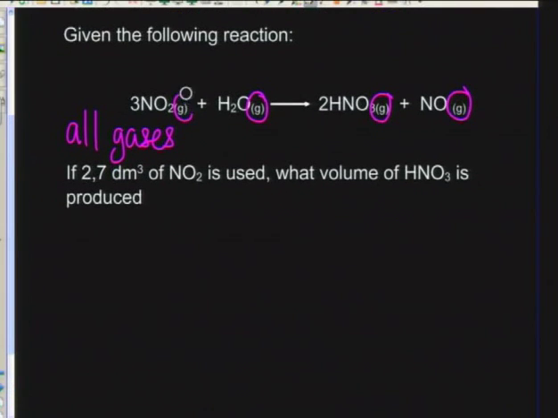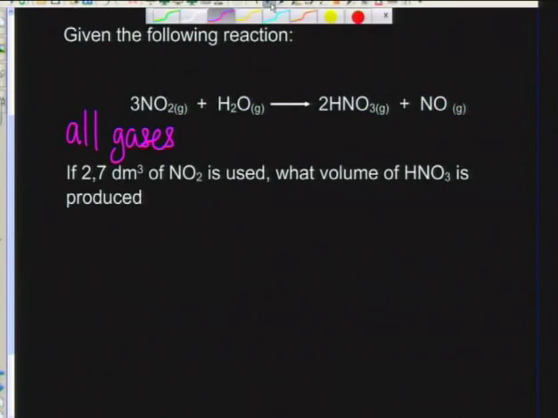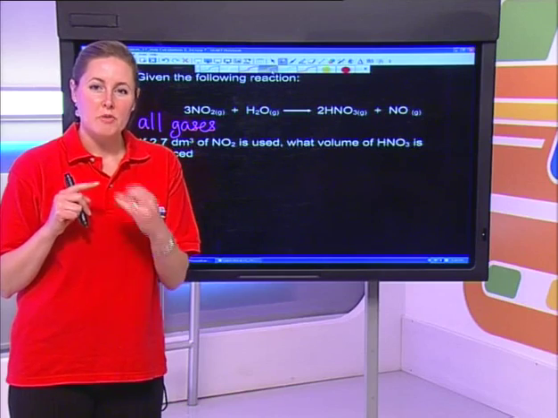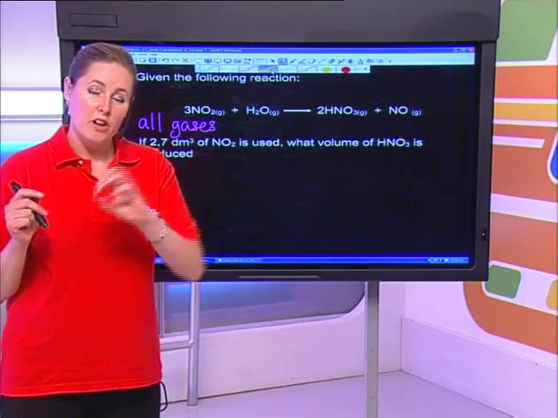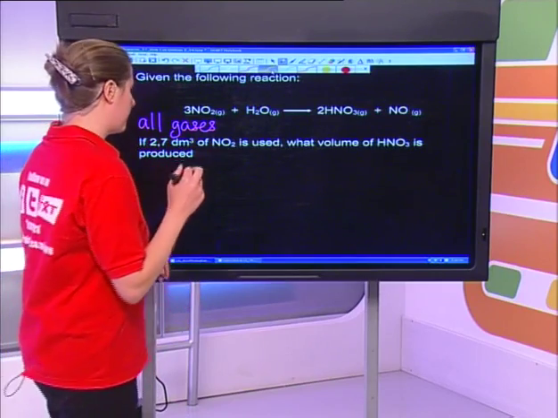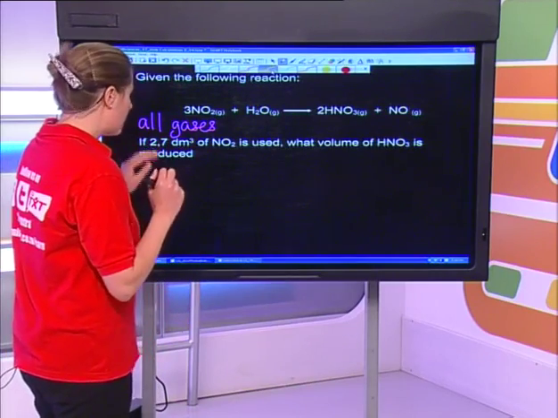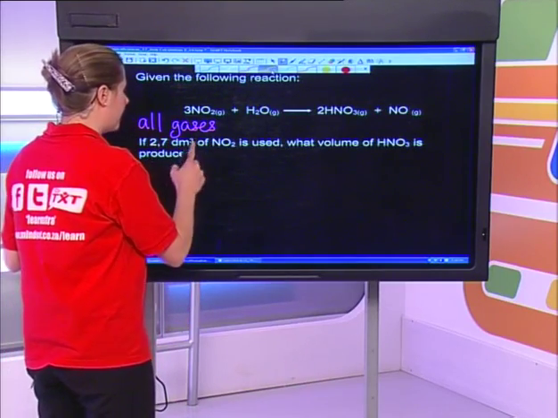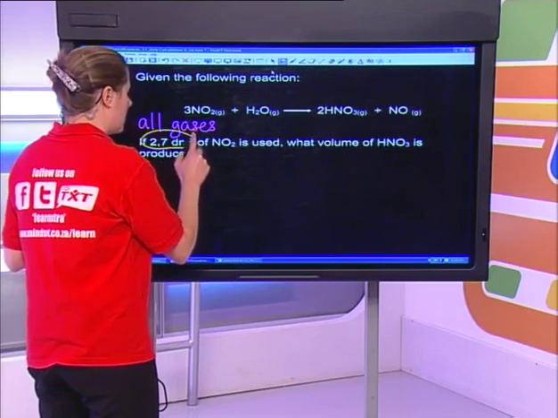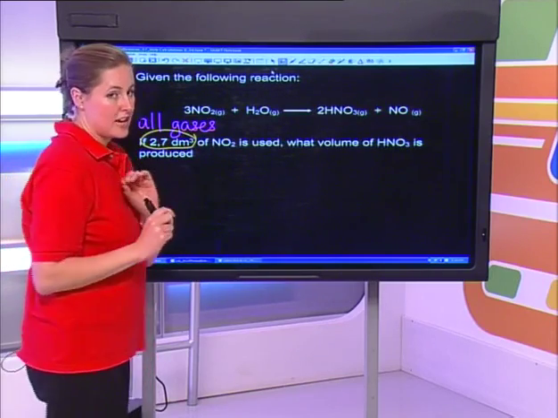Let's go through what we've got, and I'm going to take off these little circles because I've noted that they're all gases. What that tells me is that I can work with the number of moles equal to volume over the molar volume. We get given a volume here for nitrogen dioxide.